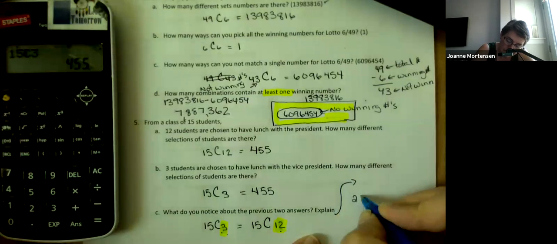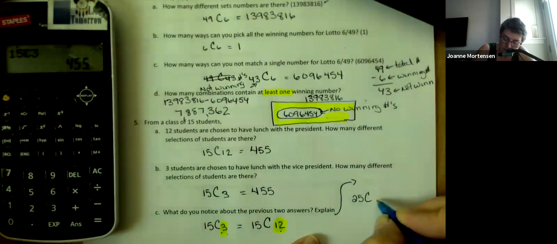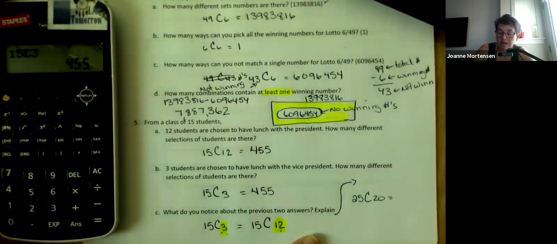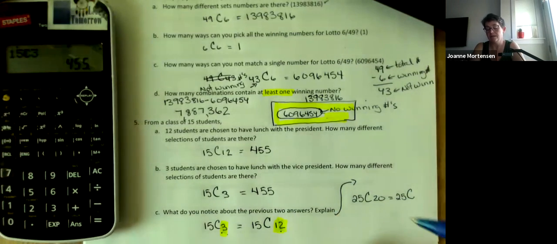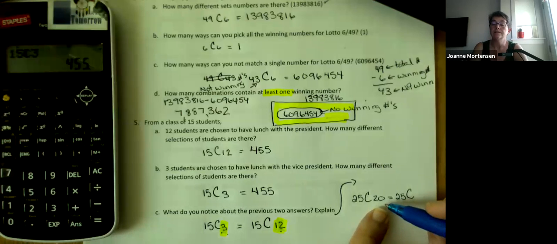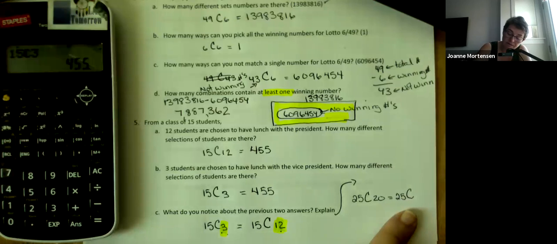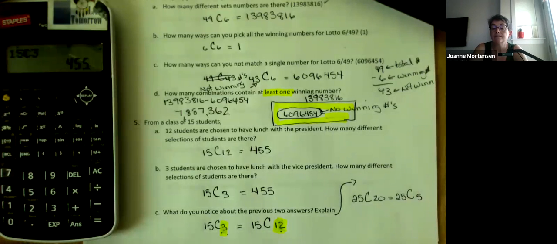If I have 25 choose 20, that could be the same as 25 choose 5. If these are the 20 that are going to get to go on a trip, you could also turn around and choose the 5 that aren't going. These 2 numbers will always match up.